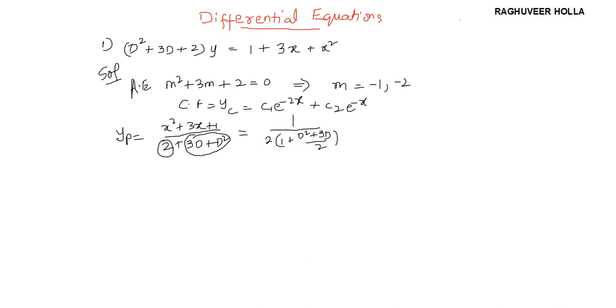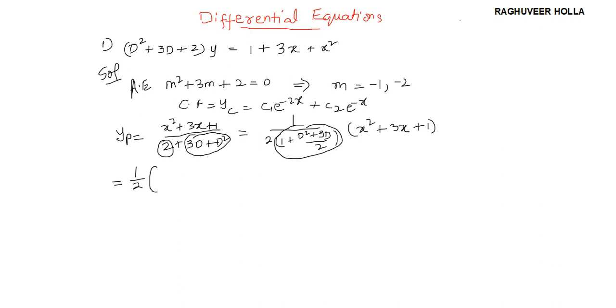Now multiplied by x square plus 3x plus 1. Okay, now let us try to simplify this. If I bring this whole thing into the numerator, we get 1 by 2 into this to the power -1.